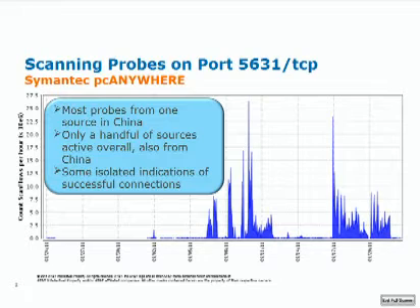And there are some isolated indications of successful connections here. That is, it does appear that some of the targeted addresses are making connections, and so there may be some password guessing or some sort of exploit activity taking place. So certainly if you have PCANYWHERE in use, or if you suspect that there might be some non-authorized use in your enterprise, you want to take a look at that.